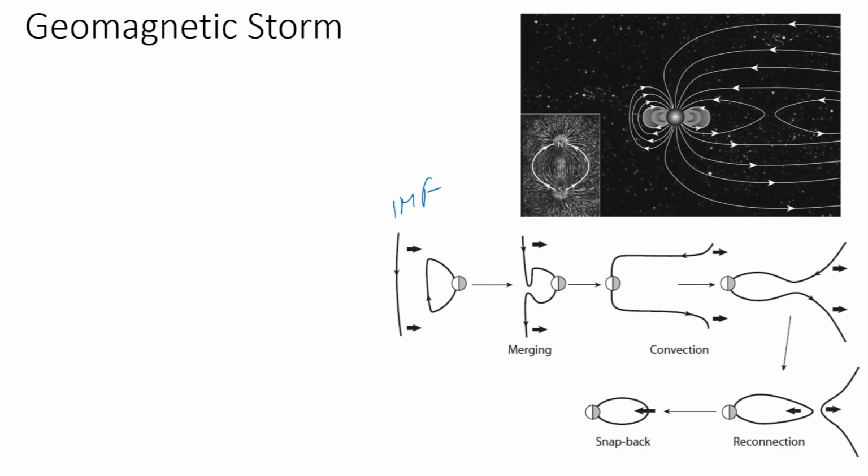Then it settles down like this, depending on the pressure and intensity of the solar wind, or in the event of coronal mass ejections or a solar flare. When the reconnection happens, the field snaps back, and the particles' energy gets enhanced.